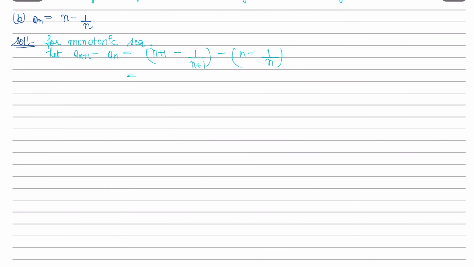After simplifying, this becomes 1 plus 1 by n minus 1 upon n plus 1. So this is 1 plus 1 upon n into n plus 1. This term is always greater than 1. So it implies that a(n+1) minus an is also strictly greater than 0, which implies the sequence an is monotonically increasing.